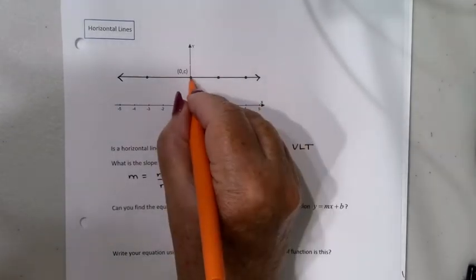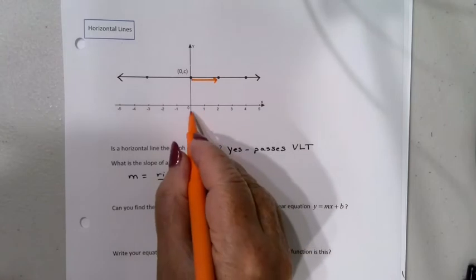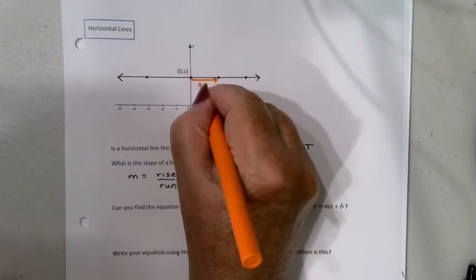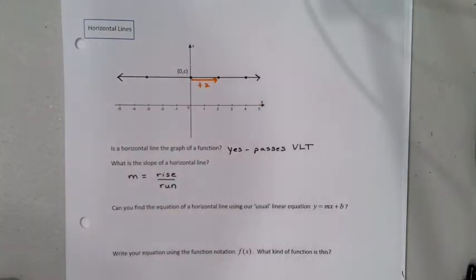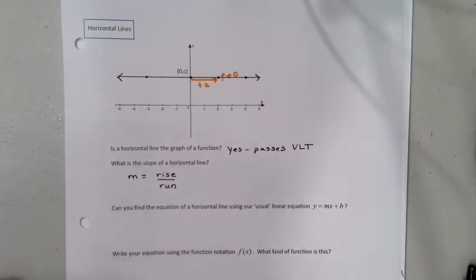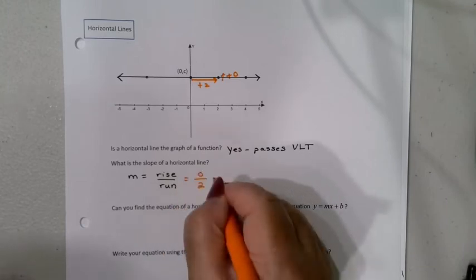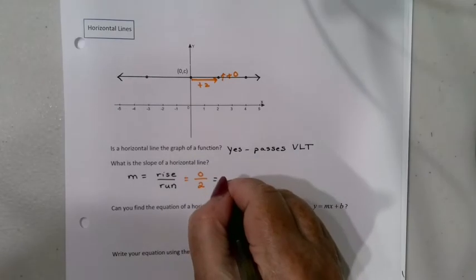To go, say, from this point to this one, I'm going over 2, but I'm actually not going up at all, right? My up is like a plus 0. So rise over run would be 0 divided by 2, which is still 0. The slope of a horizontal line is 0.